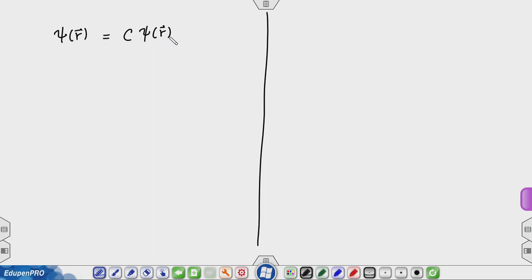This becomes c times psi r. So, let us say psi shifted by R becomes c times psi r. Psi shifted by 2 R will become c square psi r, therefore, and so on.